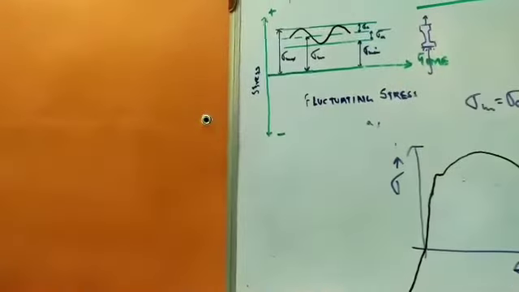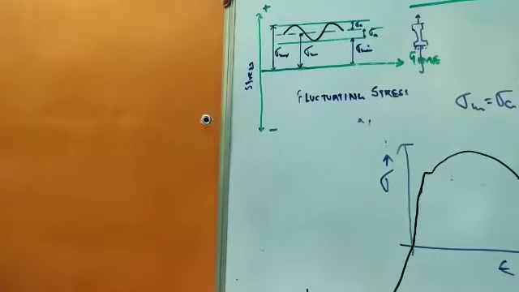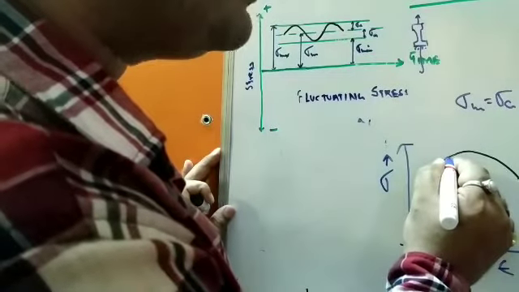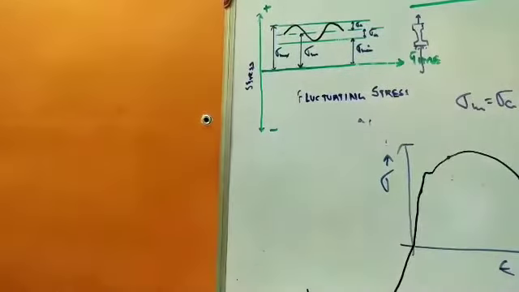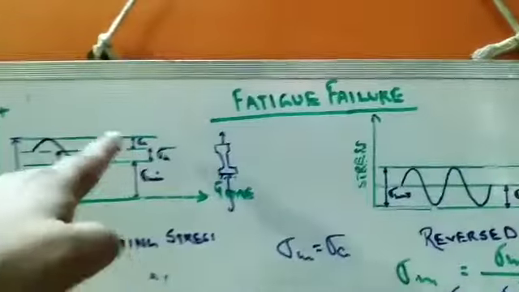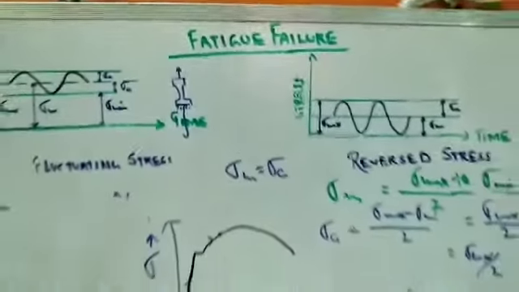Now what happens for this sort of failure? Basically the load is given, and the applied stress induced crosses the yield stress of the material.